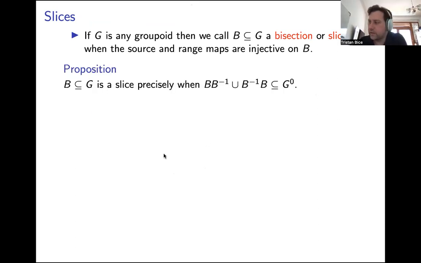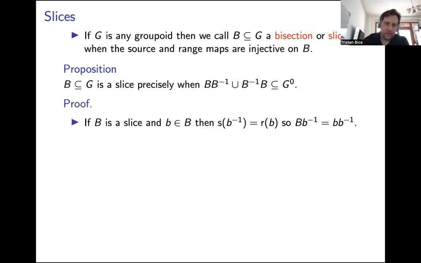Okay, a nice little characterization which will be useful is that B is a slice precisely when, if you look at these products here, BB⁻¹ and the same reversed, all of those are always going to lie within the unit space. So it's a fairly simple proof.